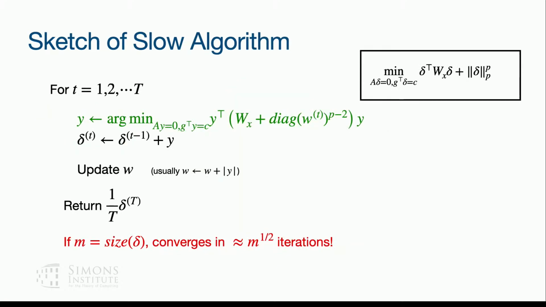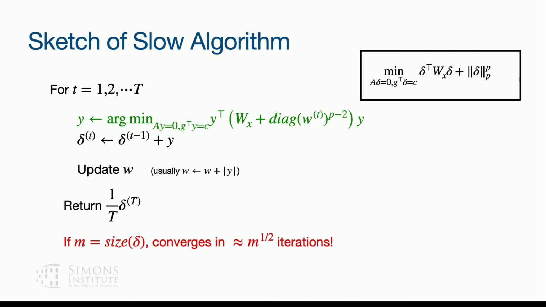So you would need about m to the 1/2 iterations to get the solution down to at least a constant value. So this algorithm, if analyzed, converges in m to the 1/2 iterations.